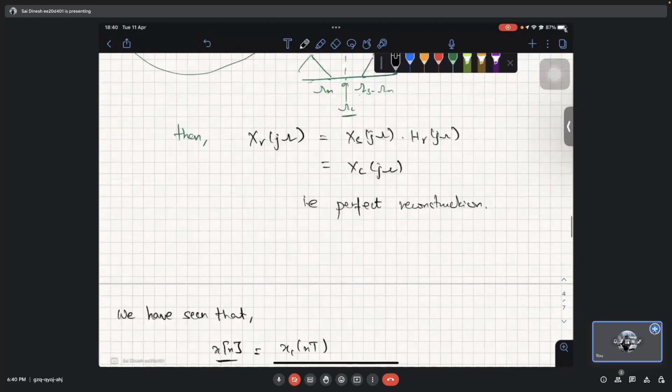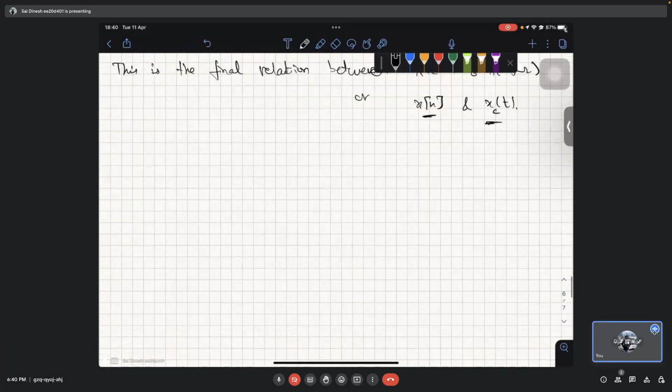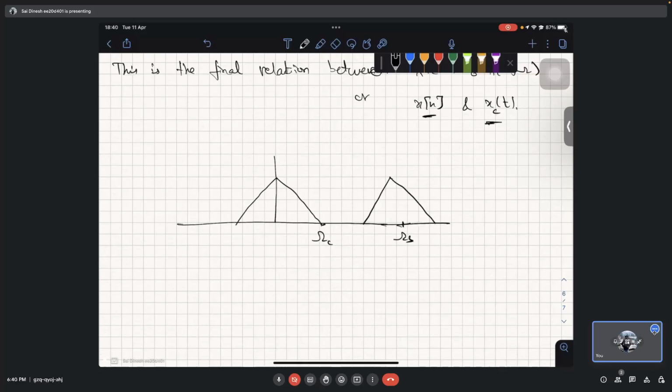So as you have seen, if we continue from the previous case, with a change in small notation, let's say this is omega c, this is omega s, and this is 0, and then this is Xs of j omega.